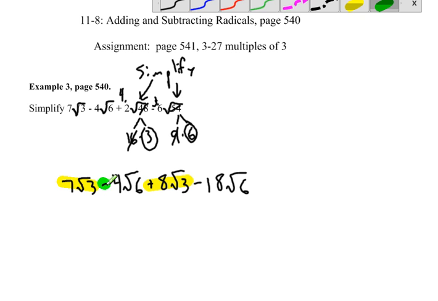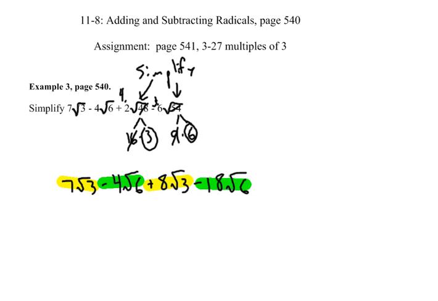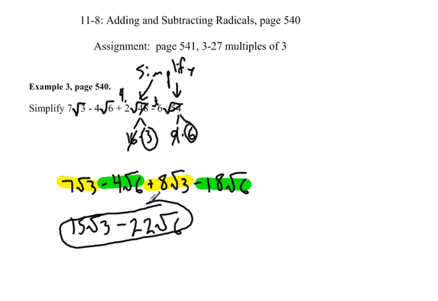Those can be combined. A negative 4 square root of 6 minus 18 more square root of 6. So those can be combined. 7 plus 8 is 15. There's no particular order. You don't have to do the 3's before the 6's. And then negative 4 minus 18 more gives me negative 22 square root of 6. And those cannot be combined. Right? That's your answer.